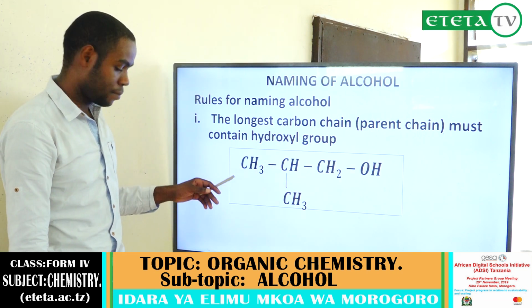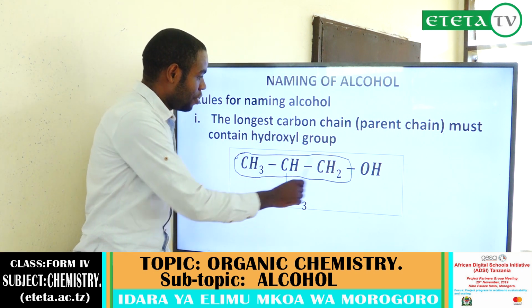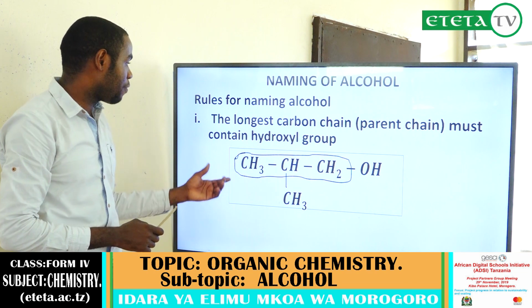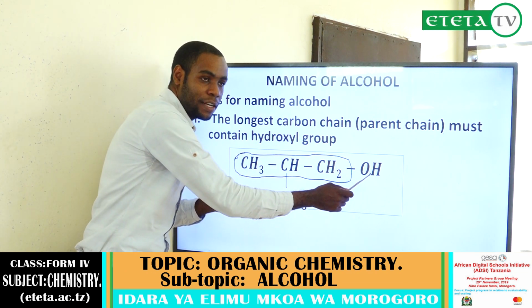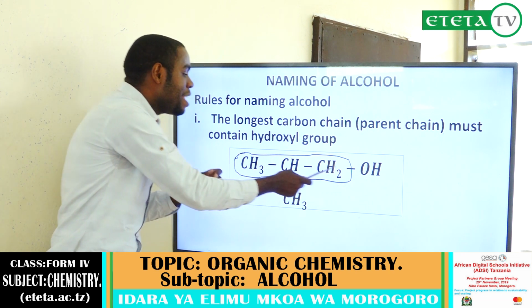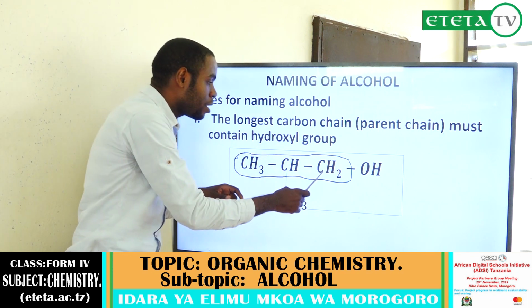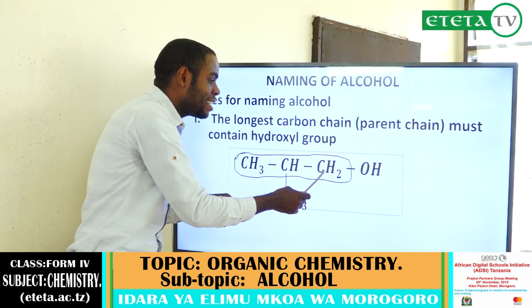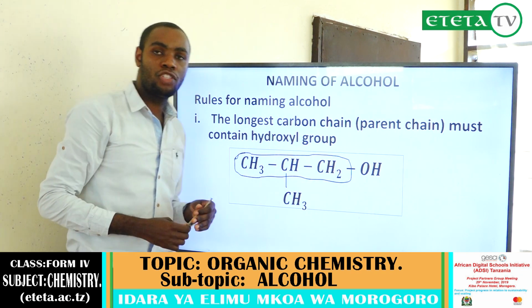For example, in this compound here, how to identify the longest chain? The hydroxyl group is this one here. Now, this hydroxyl group must be included in the parent chain. So the carbon which carries the OH group must be included in the chain.